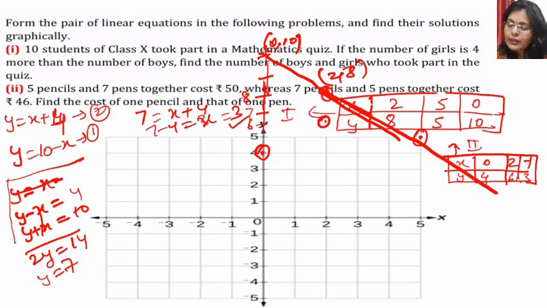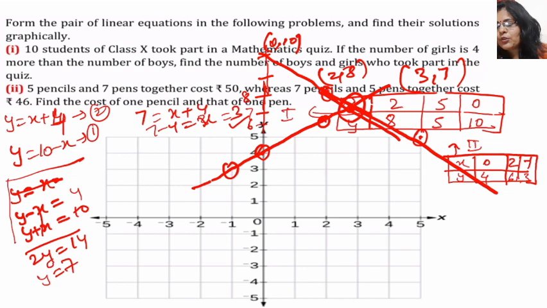And then -1 and 3. So this is our point. What do we see? That this is 7 now. So the point where they intersect is 3, 7. This was just a verification of your coordinates.